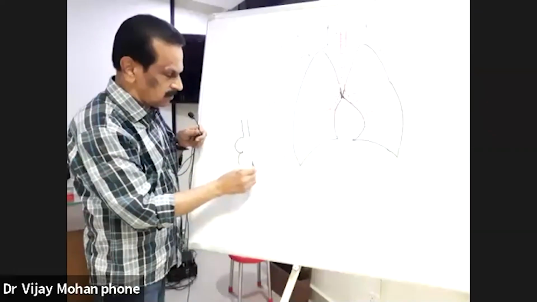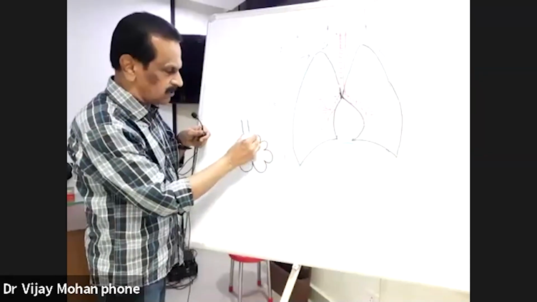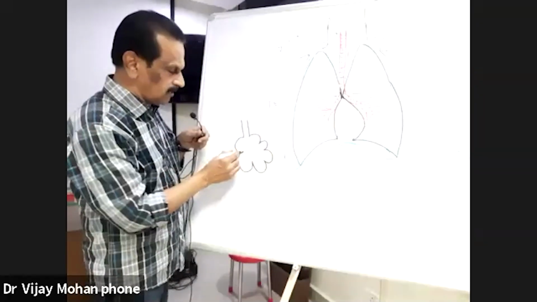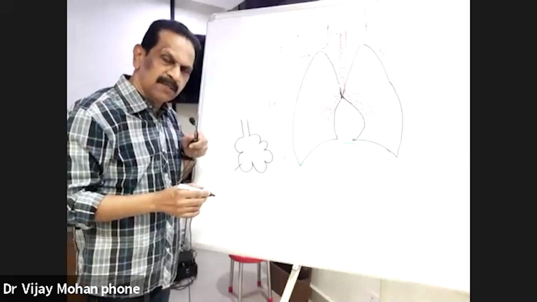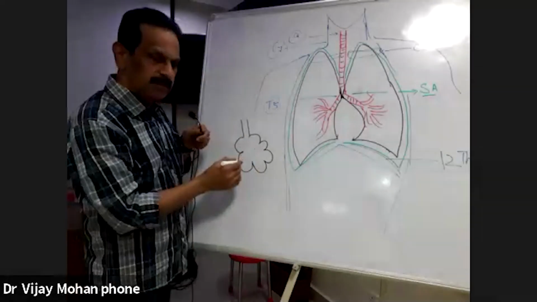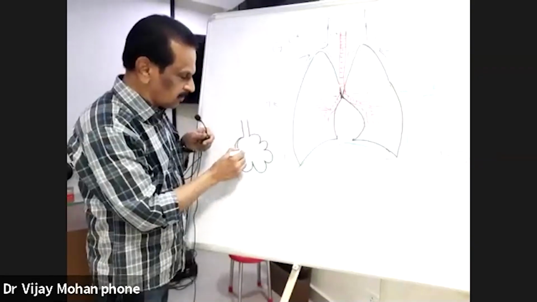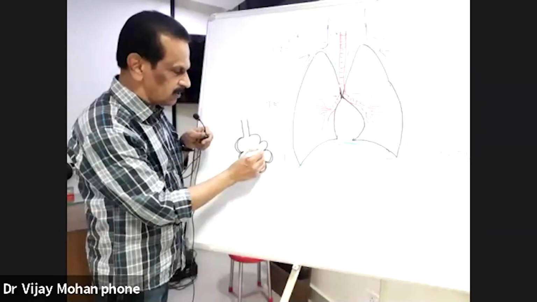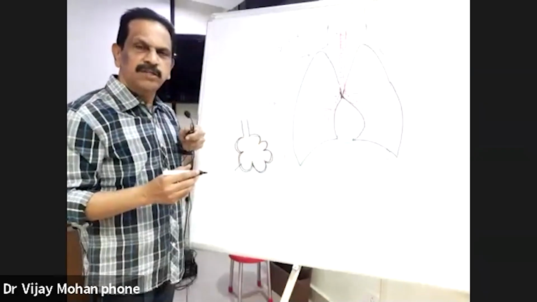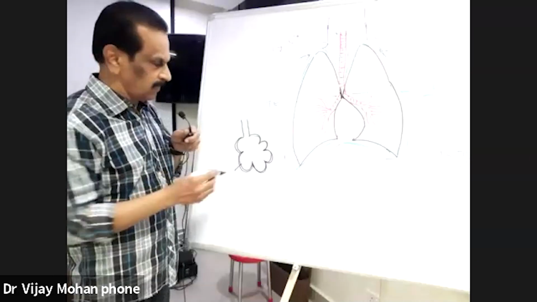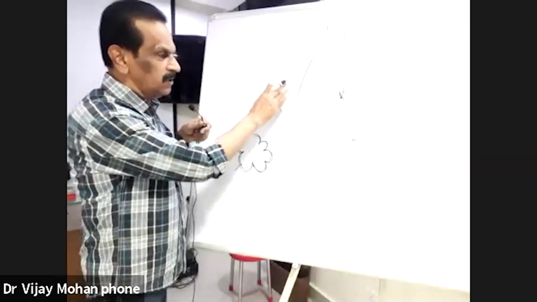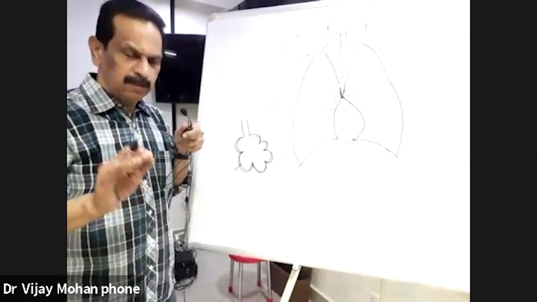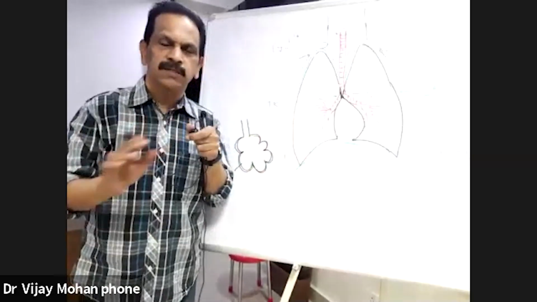This is your alveoli. Looks like a bunch of grapes. And each one is called acinus or acini. Alveoli, acini. This is the functional unit of the respiratory system. This is the gas exchange area that we are talking about. Otherwise, even through the 35 generations, it is only tubes. They are conducting systems.